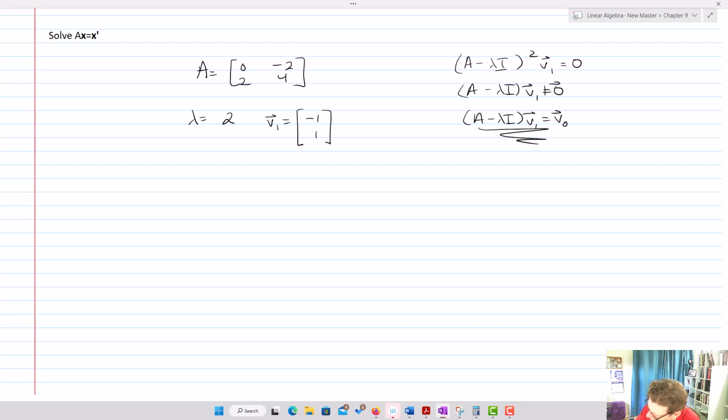Okay, so I'm going to start out and find A - λI. 2 is our λ, so A - 2I is going to equal [[-2, -2], [2, 2]]. And then we're going to go in and square it.